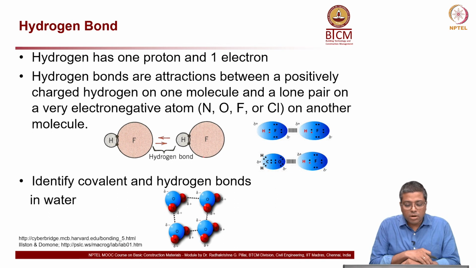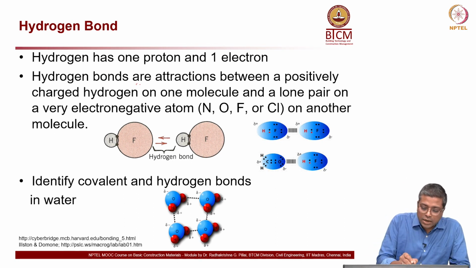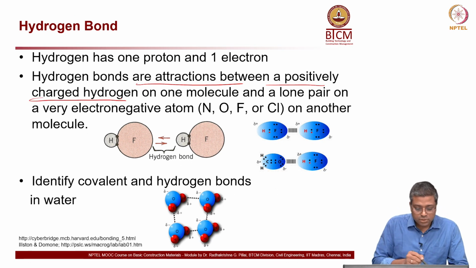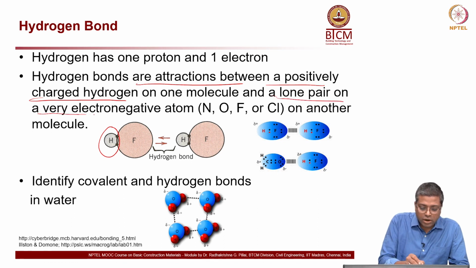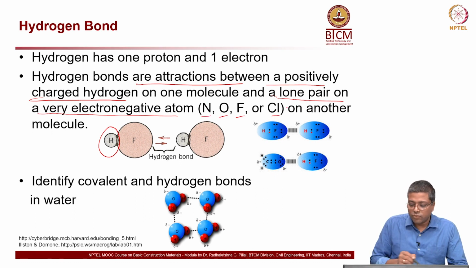Now, hydrogen bond is another secondary bond we are talking about. Hydrogen has one proton and one neutron, and these are attractions between a positively charged hydrogen on one molecule and a lone pair on a very electronegative atom, typically nitrogen, oxygen, fluorine or chlorine, on another molecule.